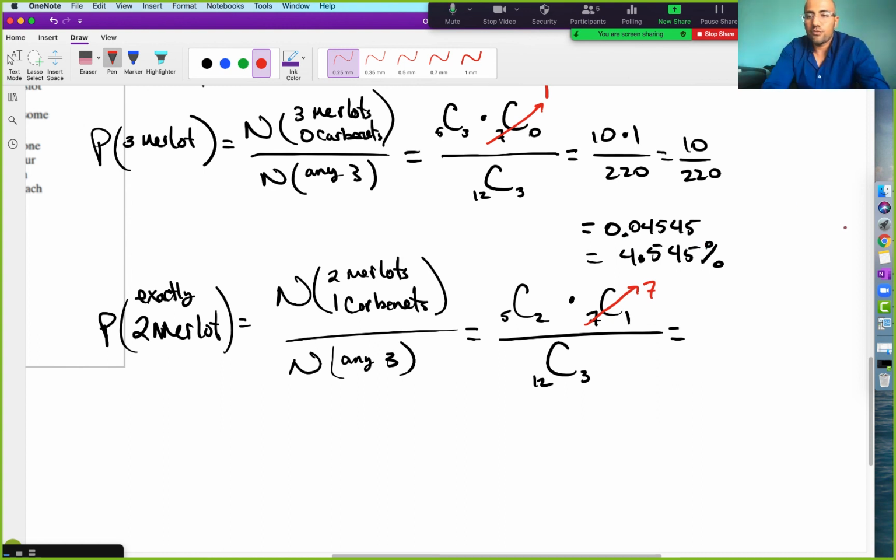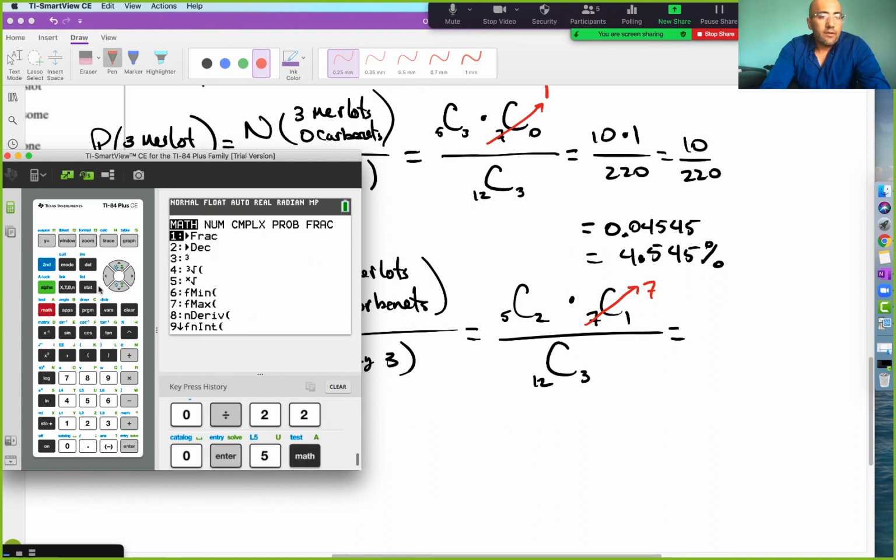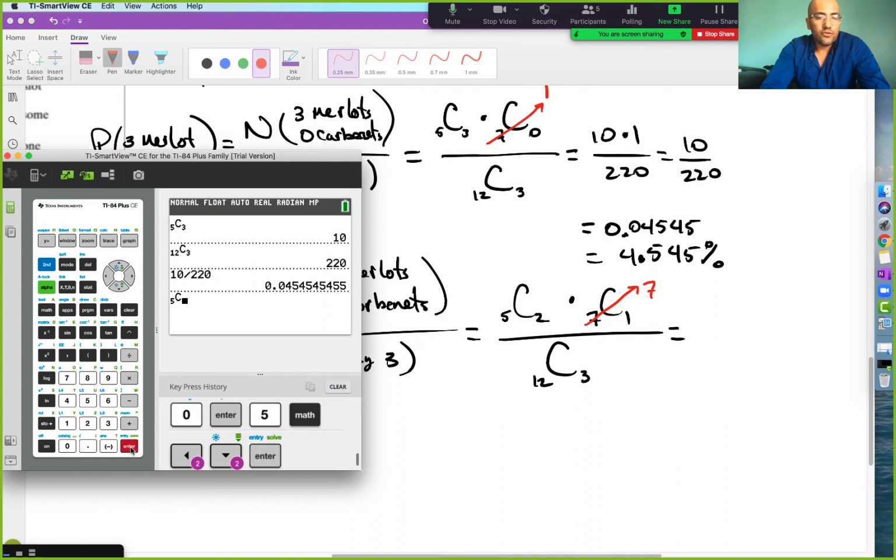And this one, we'll just use our calculator. Combinations of 5 choose 2, enter. We get 10. So actually it's the same as this one. There's a symmetry that happens between the two.